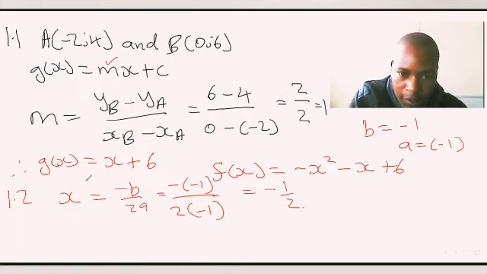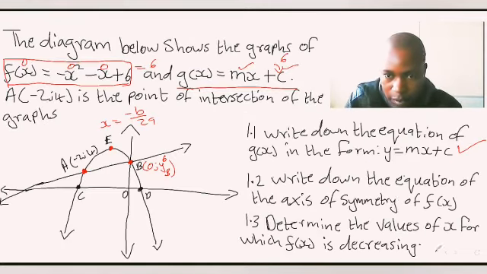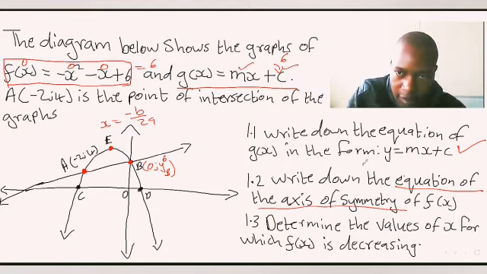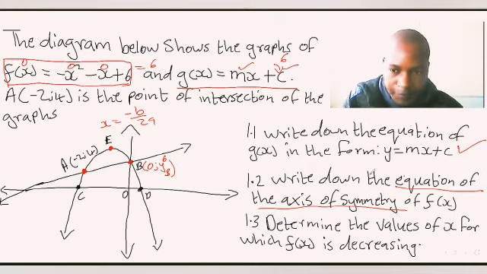So x would then equal negative a half, which also happens to be the axis of symmetry. So that's the equation of the axis of symmetry of the quadratic function. That was 1.2. Let's move on to 1.3.